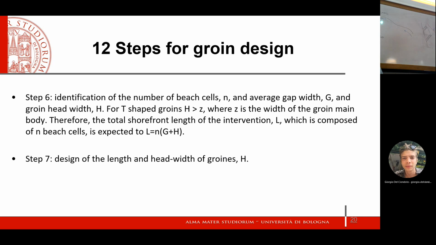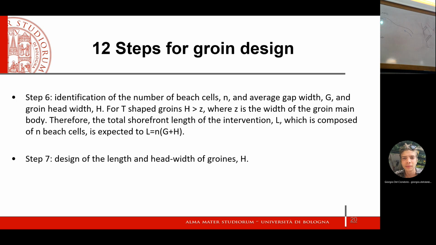How to design these quantities? Clearly, we have to decide whether or not we want a T-shaped groin. And if we see that it's a highly energetic environment, we want to get the max result from the intervention, then we enlarge the width of the head of the groin.